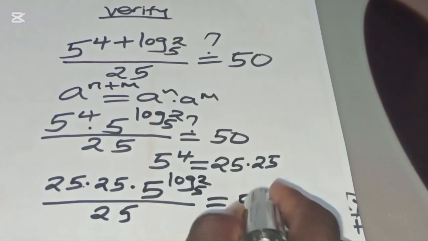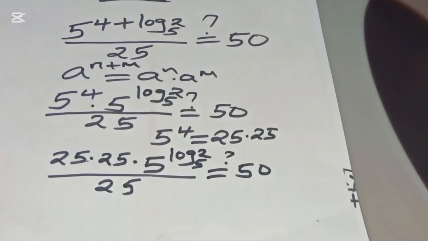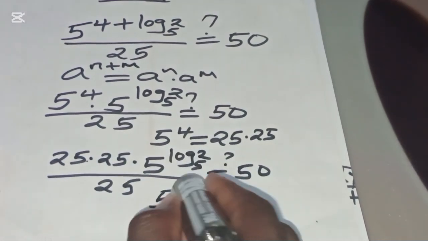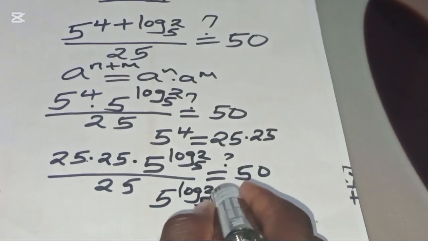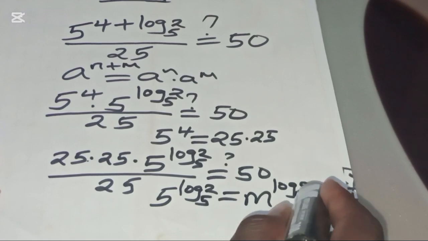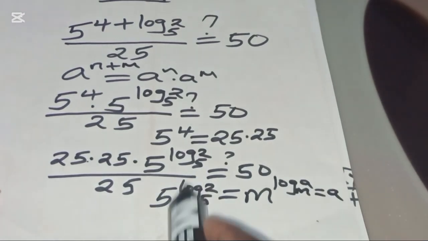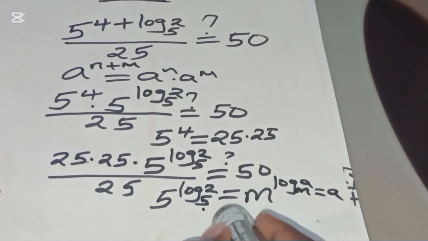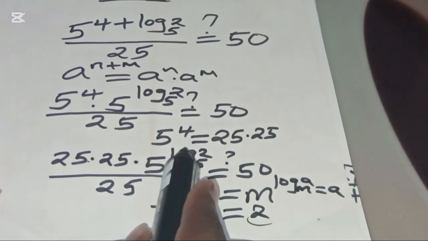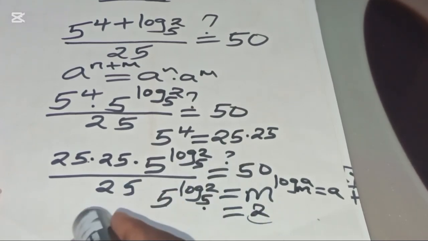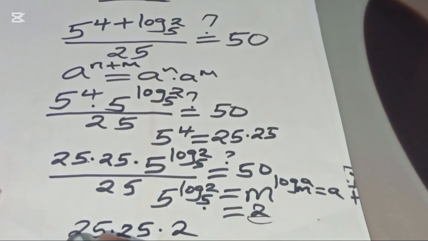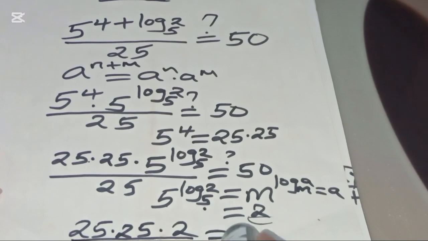Now 5 to power log 2 to base 5 is in the form of m to power log a to base m, which should give us a value of a. So that means that 5 to power log 2 to base 5 should give us a value of 2. So let's substitute that: 25 multiplied by 25 multiplied by 2, divided by 25.